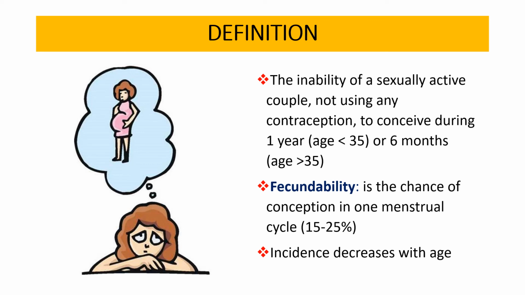Means you can't say that if the couple has not conceived in one menstrual cycle, there is infertility, because the chance of conception is only 15 to 25%. Now this chance of conception decreases with age. As you grow aged, the chances of getting pregnant get smaller and smaller.